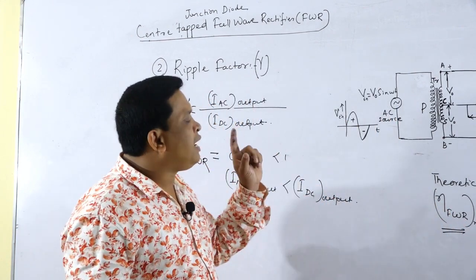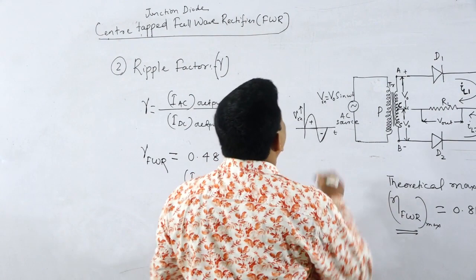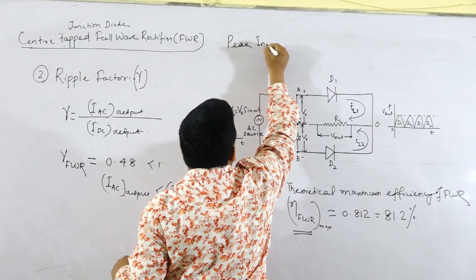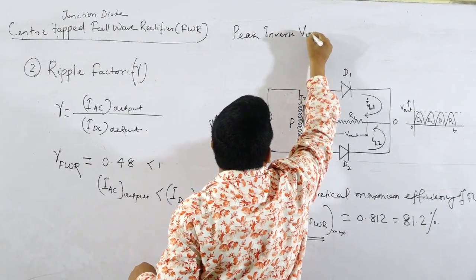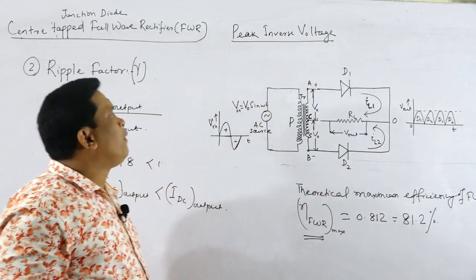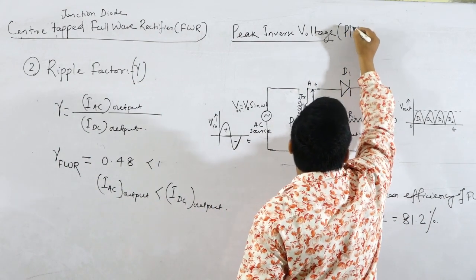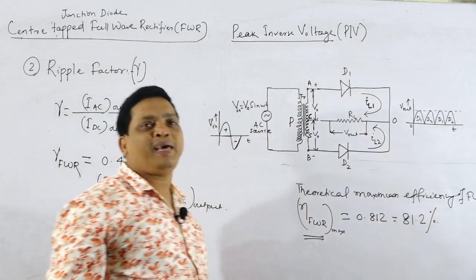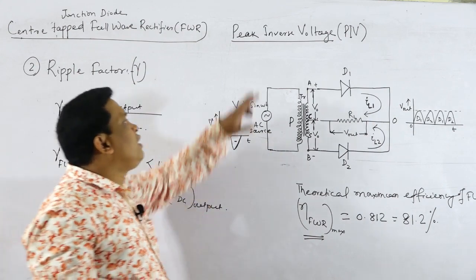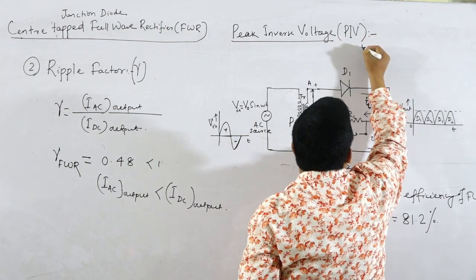So, now we are in a stage to compare the full wave rectifier circuit and half wave rectifier circuit. Let me explain you another term, peak inverse voltage, abbreviated as PIV. PIV, not VIP. This term is frequently used with relation to rectifiers.